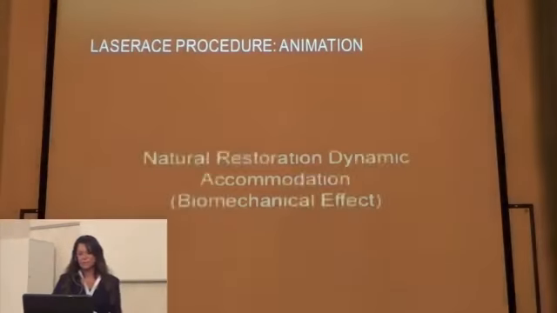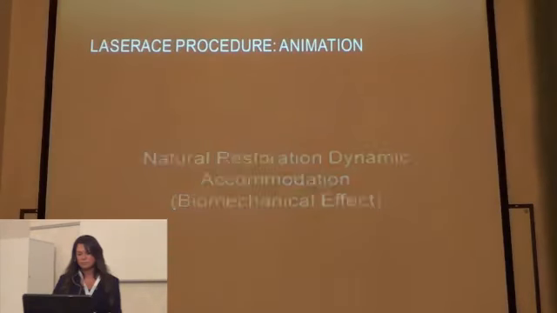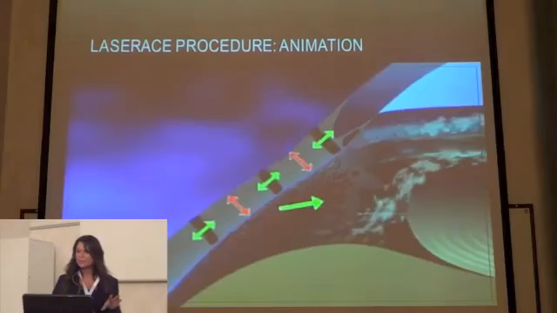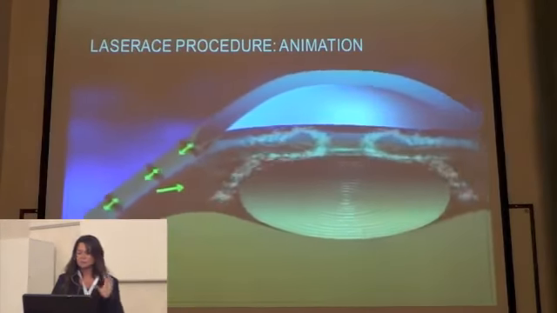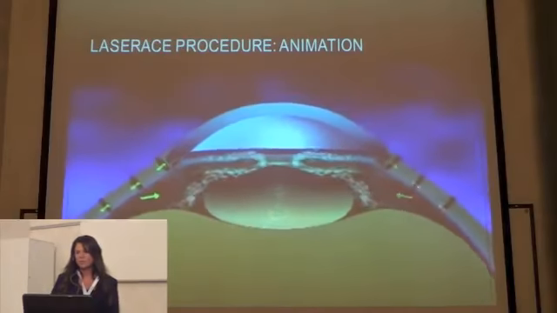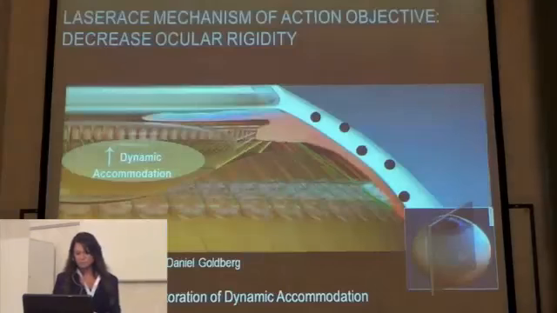And again, theoretically, the biomechanical effect of this would be that we have some mobility, more increased mobility in that area, and some increased centripetal force in the lens to allow the patient to have more range of motion.